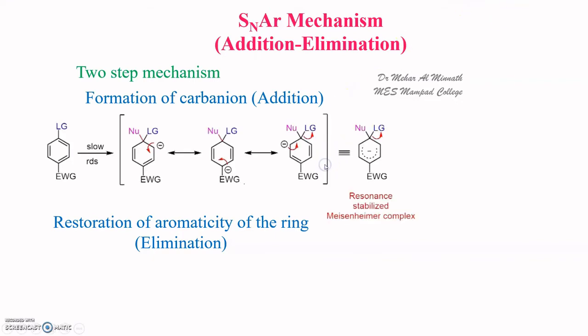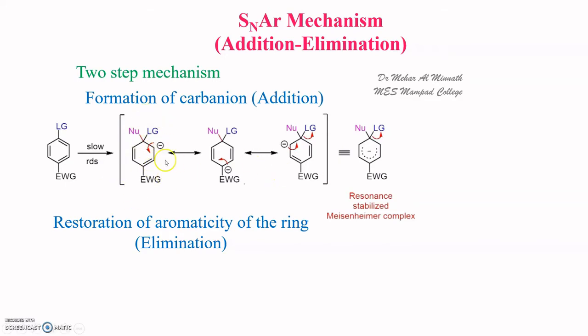Now, this is the first step. You can see here you have the leaving group, and a nucleophile will approach the carbon to which the leaving group is attached. So this is a sort of ipso attack, ipso substitution. That is, the incoming group and the leaving group are on the same carbon.